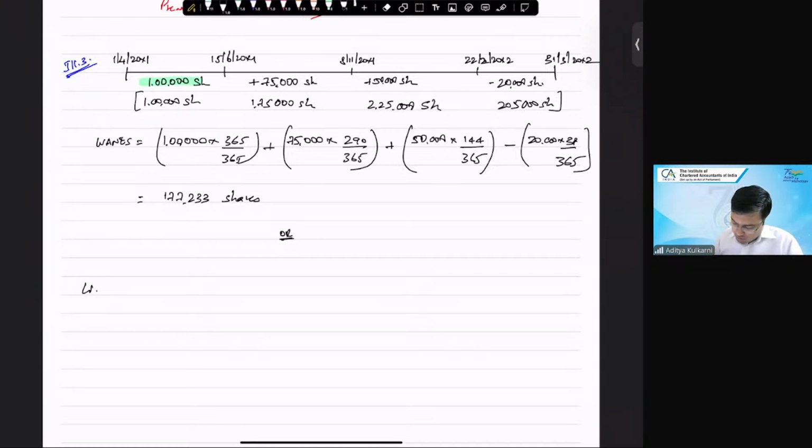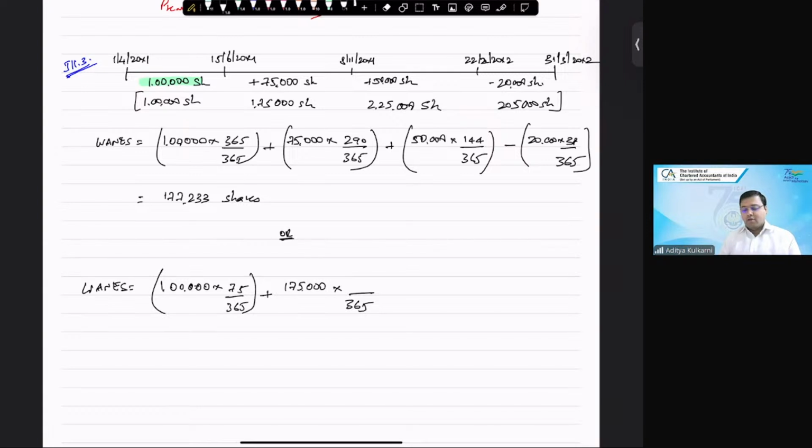So now, weighted average number of equity shares is 1 lakh into how many days? April 30, May 30, June 14 days. So into 75 by 365. Is this okay? Yes, sir. Then I have another change in my capital structure. So 1,75,000 into.